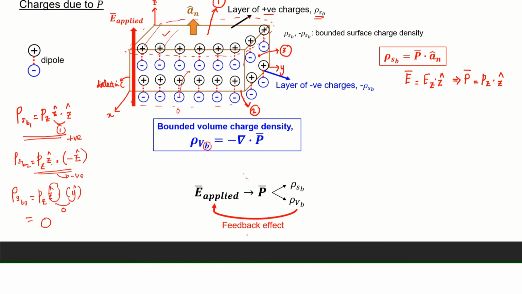So what is the feedback effect? We want to observe what happens to this E applied when charge is introduced, and how this particular charge influences the E applied which produced the charges.